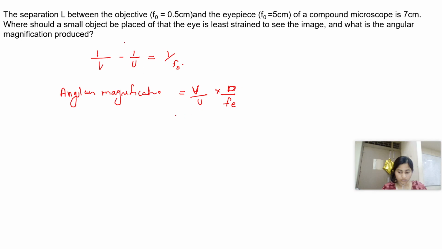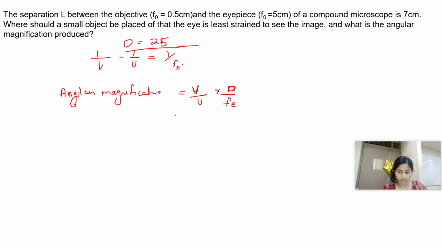D value here is 25. So see the question: the separation L between the objective and eyepiece. You have to find where a small object should be placed so that the eye is least strained to see the image.